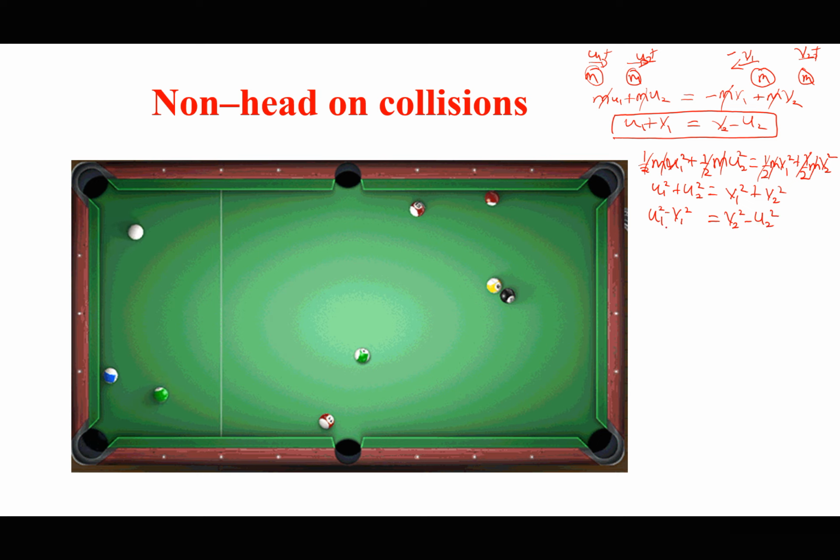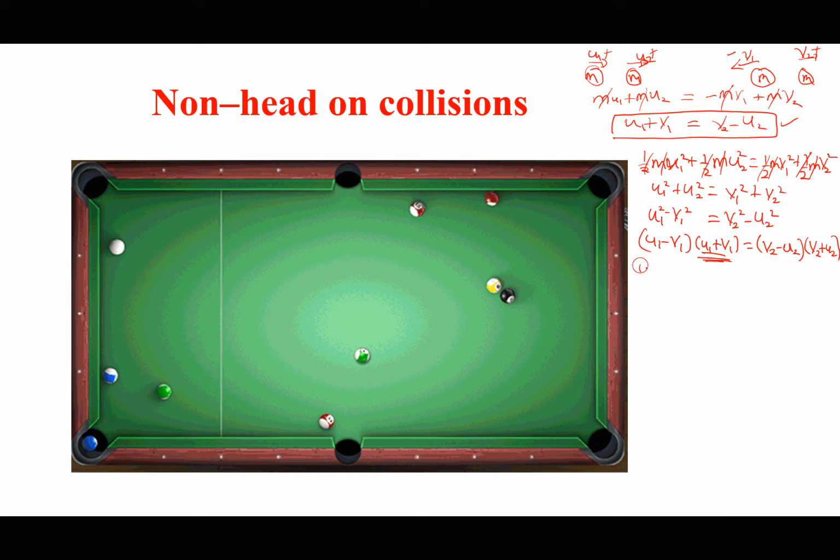These are differences of two squares. So this becomes u1 minus v1 into u1 plus v1 should be equal to v2 minus u2 into v2 plus u2. So we notice that u1 plus v1 is the same as v2 minus u2 from the first equation. So where there is u1 plus v1, I'm going to put there v2 minus u2.